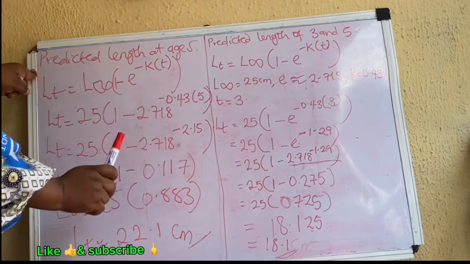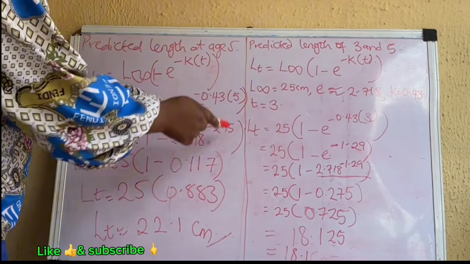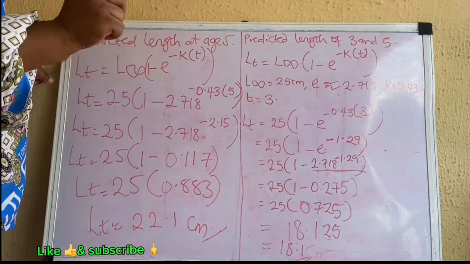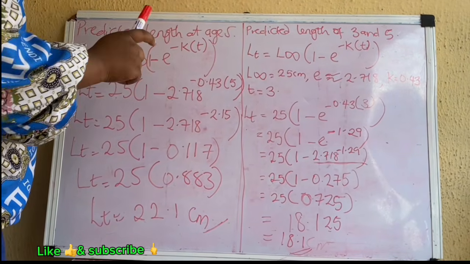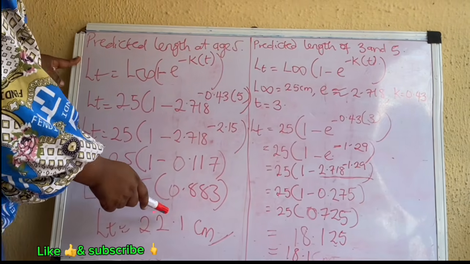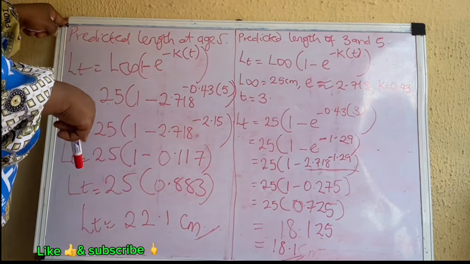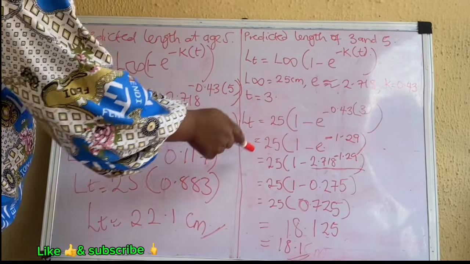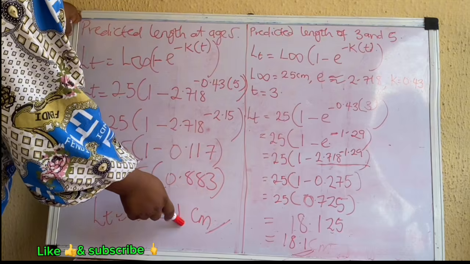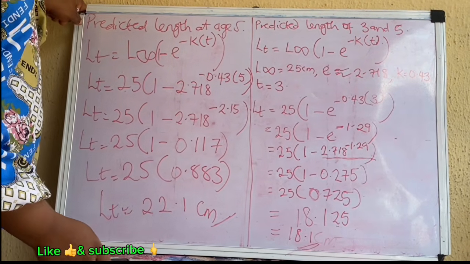That is to say that if the fishes could reach 22.1 centimeter at age 5 years, and the asymptotic length we used was 25 centimeter, that means the individuals have sufficient time to grow before reaching the asymptotic length of 25. They can grow exceeding this value of 22.1 centimeter at age 5. They can grow above that. That is just it.